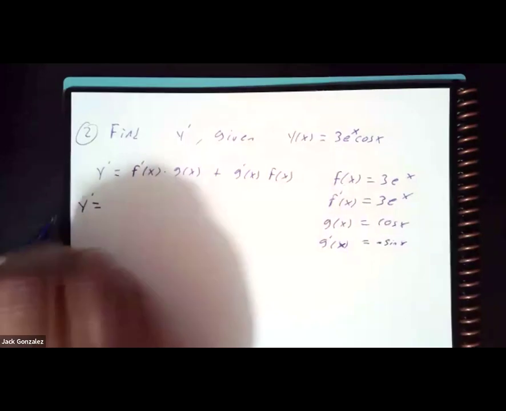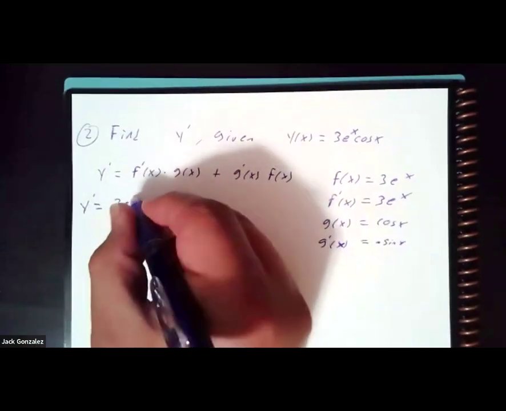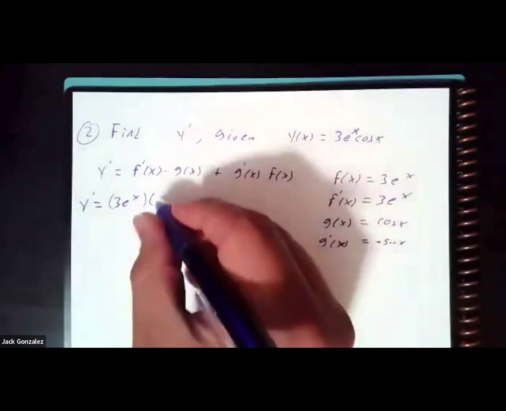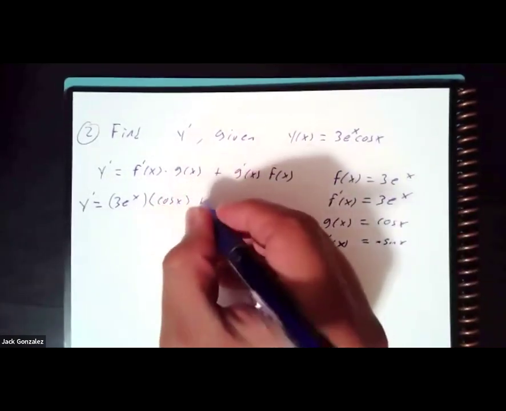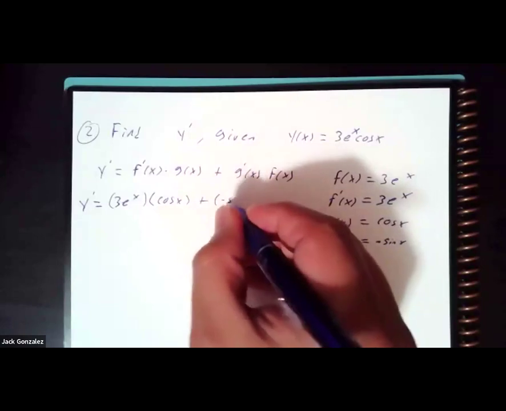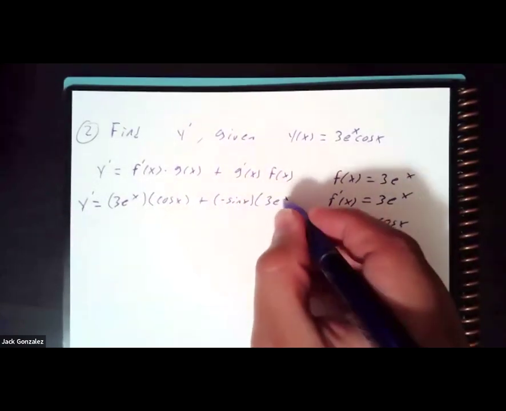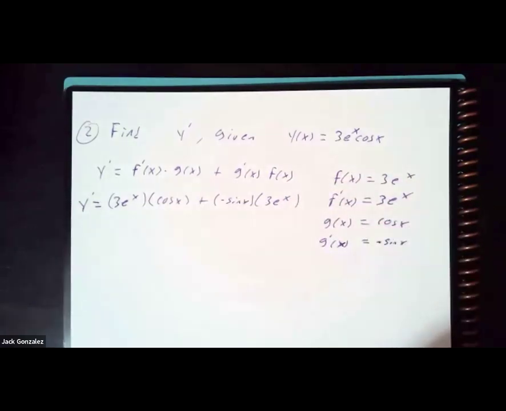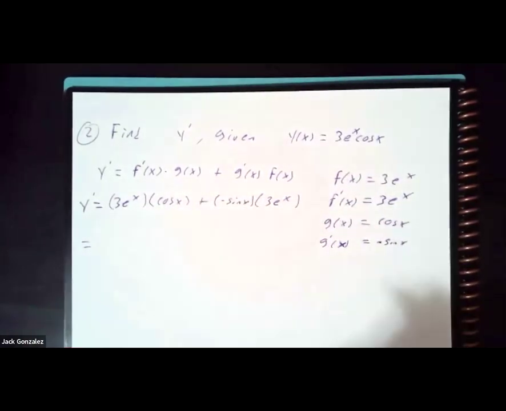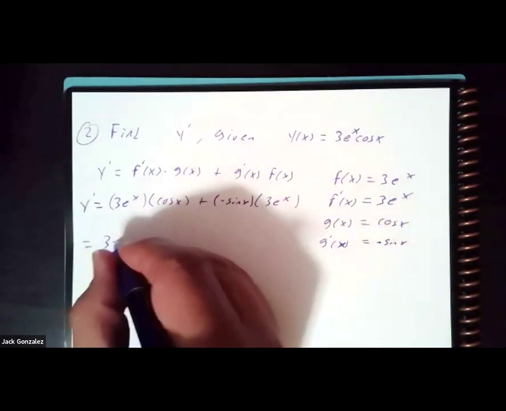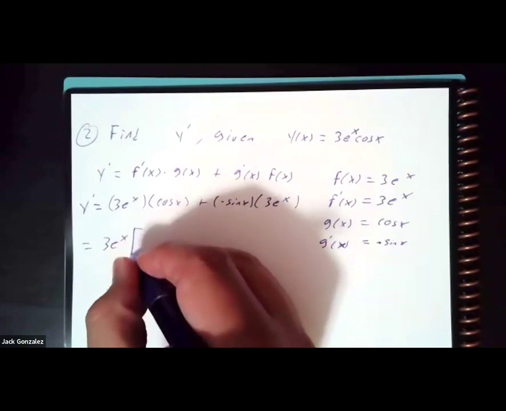Just plug it in. So f prime times g plus g prime, which is the negative sine you guys said, times f. So nothing we can do anymore. We can factor 3e to the x, I guess, if you want. But that's it.